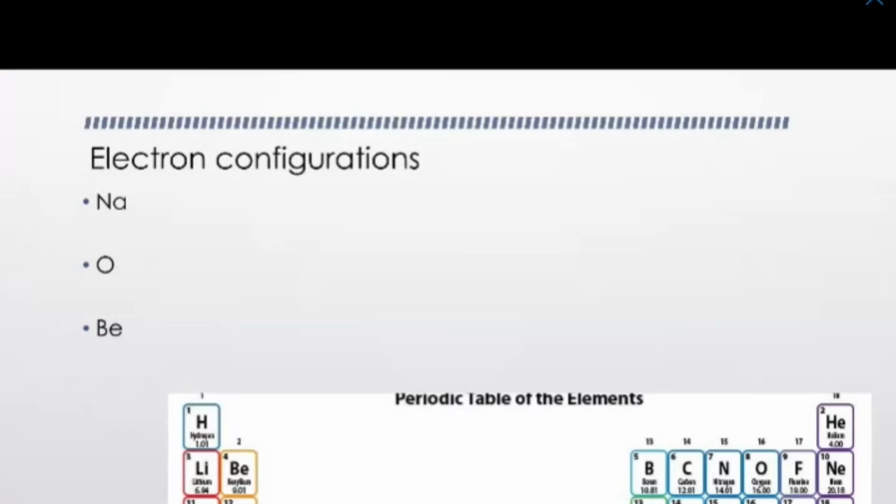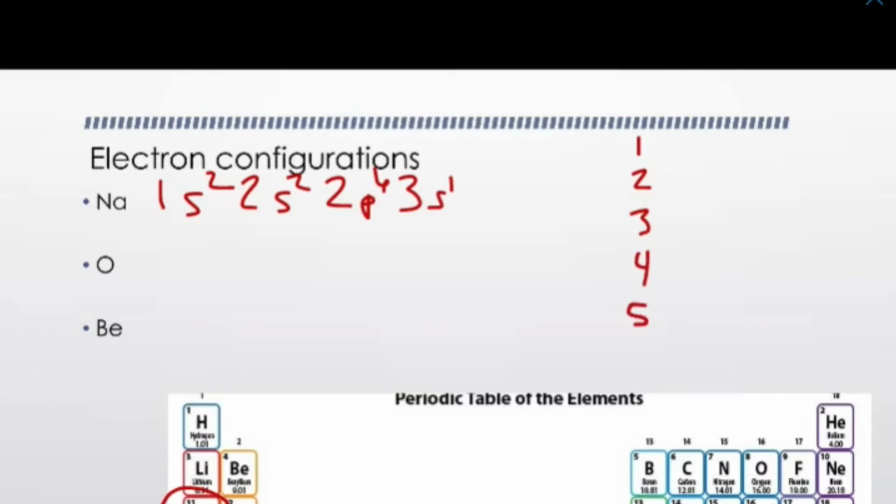So let's take a look at some of our electron configurations. Sodium is here. It's atomic number 11. So it's 1s2, 2s2, 2p6, 3s1. So you may be wondering how I got that. You should already know how to do this, but I want to double check with you. There's 7 rows. 1, 2, 3, 4, 5, 6, 7.